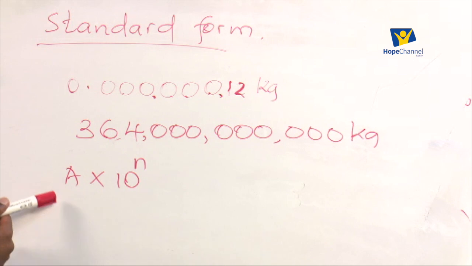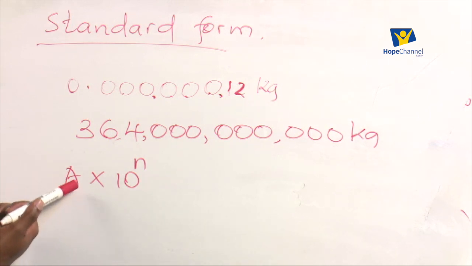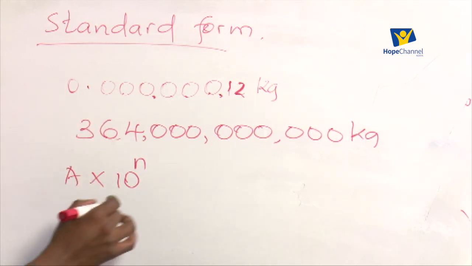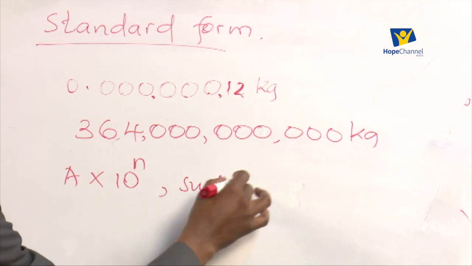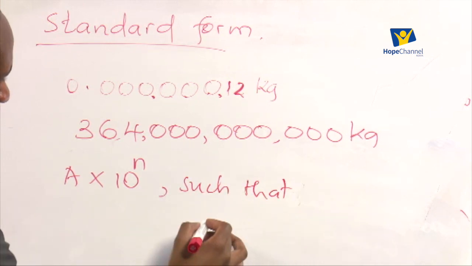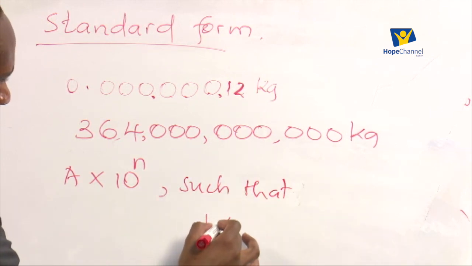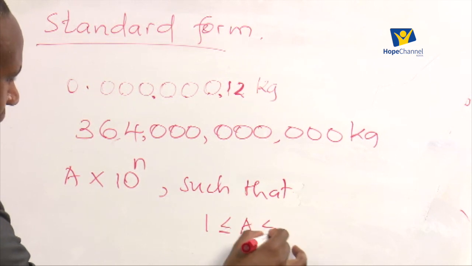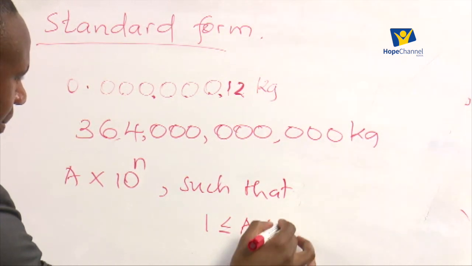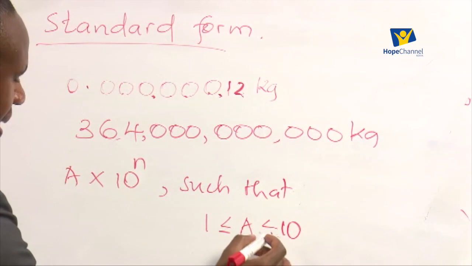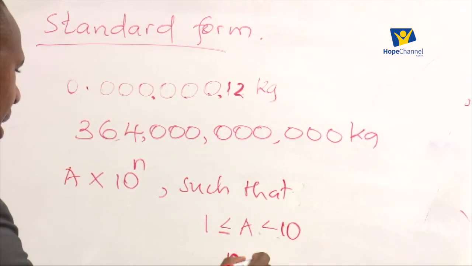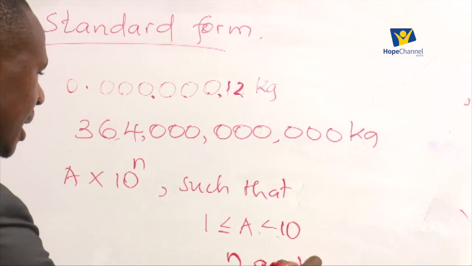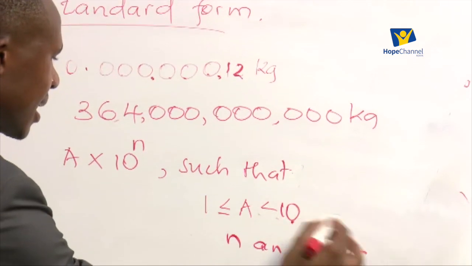When numbers are written in that form, a times 10 raised to power n, such that a falls in between 1 and 10, and n an integer, we say that that number is written in standard form.